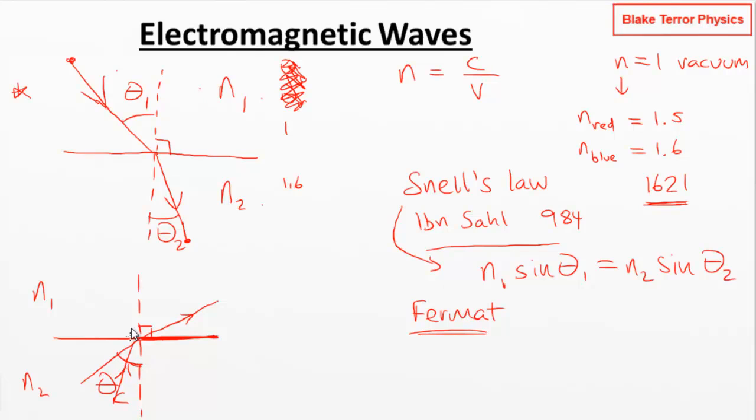It's going to be running along the surface. So our theta 2 becomes 90 degrees. That is the critical angle, because if we go beyond that, we get no transmission of the wave into the faster medium. So everything will then be reflected, and you just get total internal reflection.